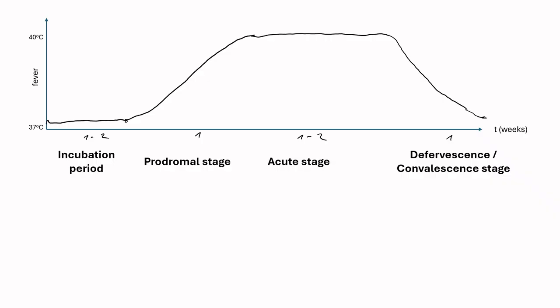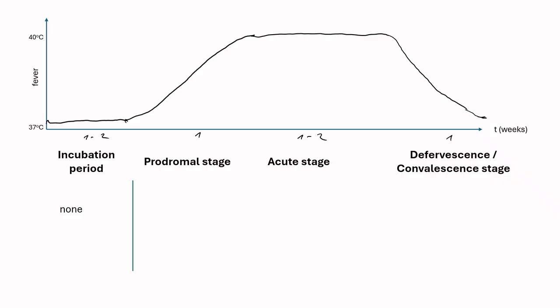During the incubation period, as I said, incubation period means no symptoms. So this is approximately the time from the onset of infection, when the bacteria are actually entering the body, until we see first symptoms. Symptoms now start with the beginning of the prodromal stage after about 1 to 2 weeks, and as I already said, a stepwise increase in fever.